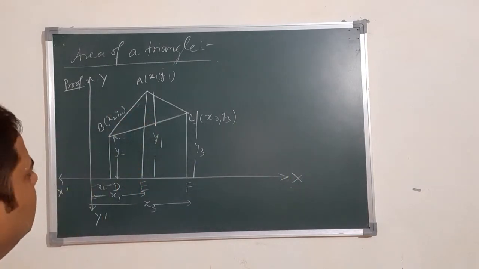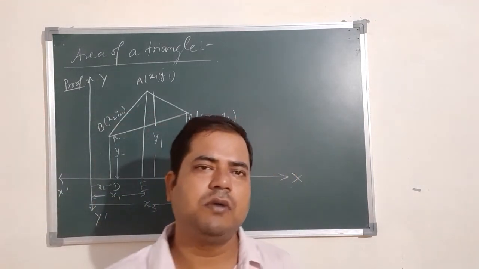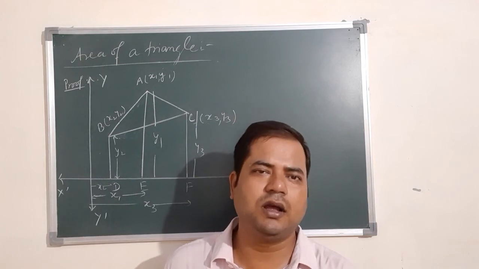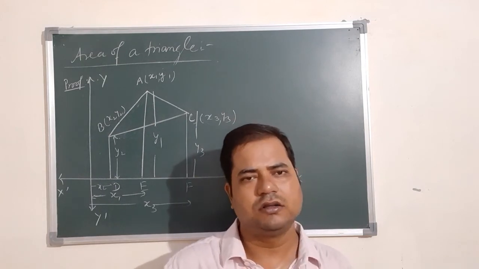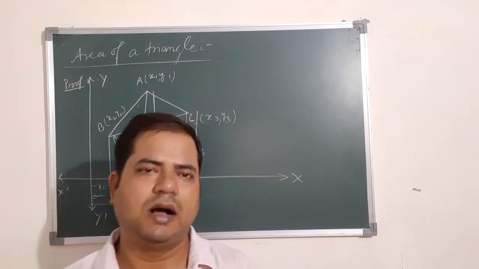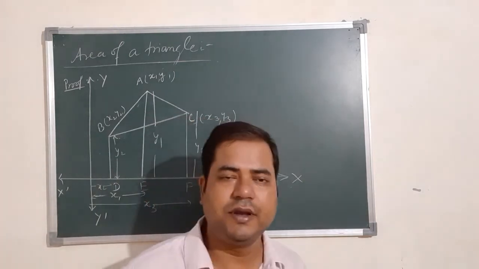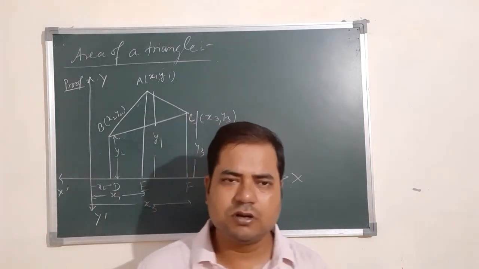area of triangle ABC. And what is the area of a trapezium? Sum of parallel sides multiplied by the height. Okay, in the book it is given, so please try to solve from the book.